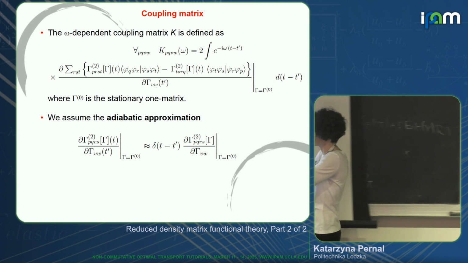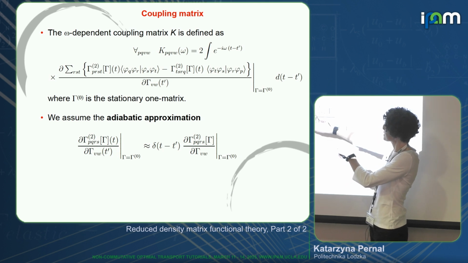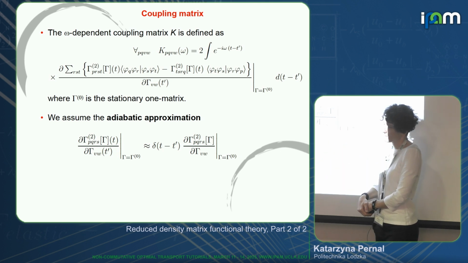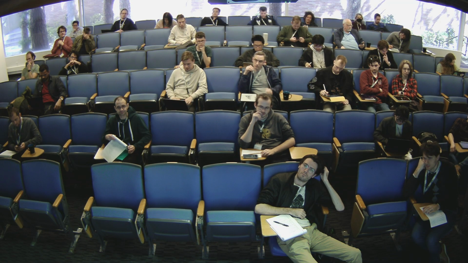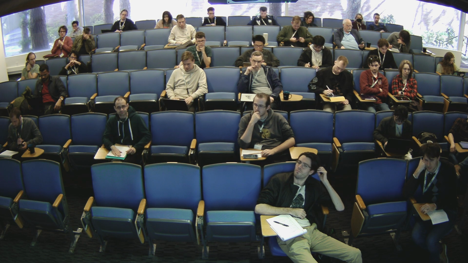Because in the adiabatic approximation, what we need now is a functional 2RDM in terms of gamma, but there's no time dependency here. It's a stationary functional that we have derived or approximated for the time-independent case.